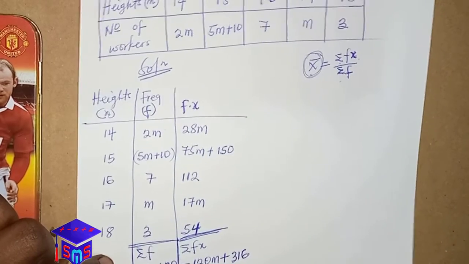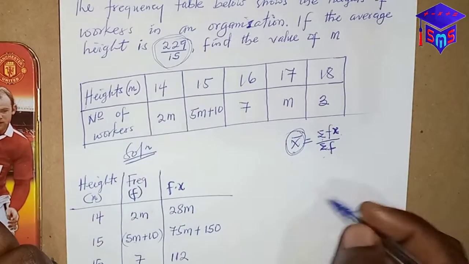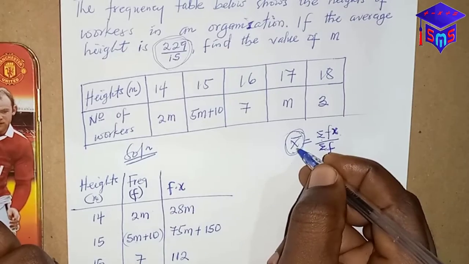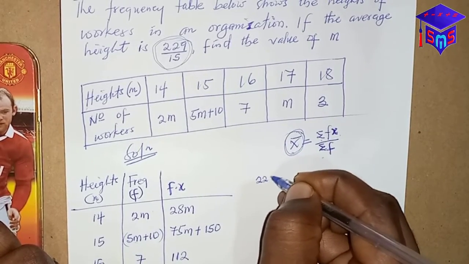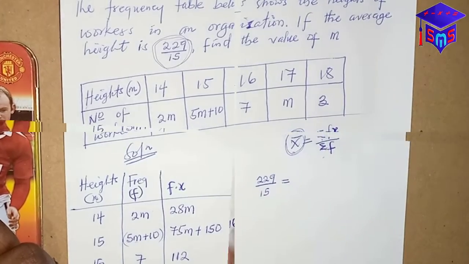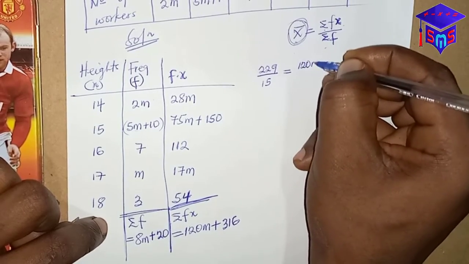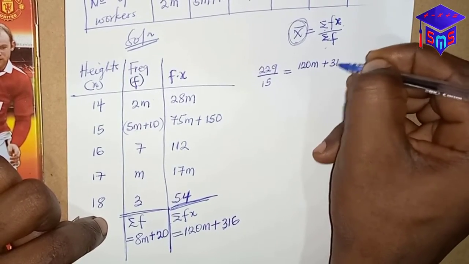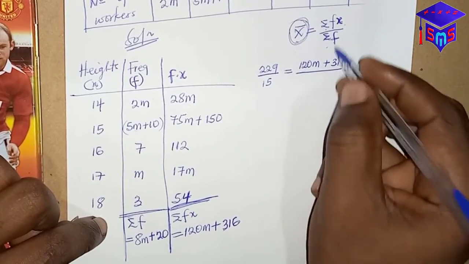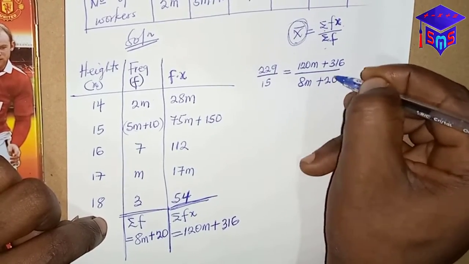Then we solve. Okay. So now the x bar, which we were given to be 229 over 15, you fix it there in place of the x bar. So you're having 229 over 15, and this will be equal to sigma fx, which is 120m plus 316, all over sigma f, which is 8m plus 20.